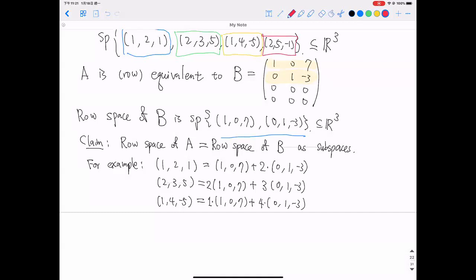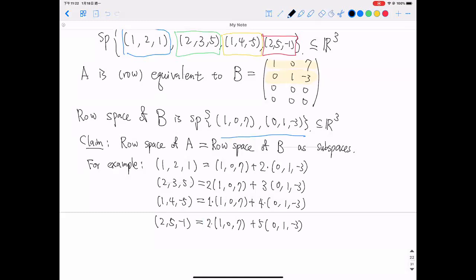Finally, for 2, 5, minus 1, you have (1, 0, 7) and (0, 1, minus 3). You need the first entry to be a 2 and the second entry to be a 5.